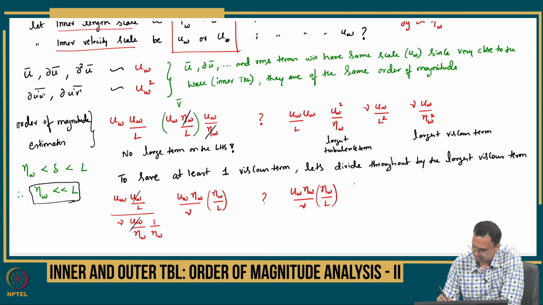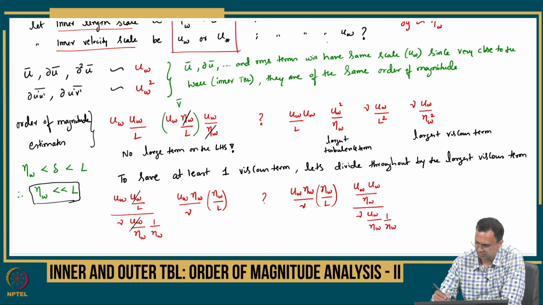I have the other turbulent term, the second largest, sorry, the largest turbulence term, which is UW by eta w over nu, UW by eta w, 1 by eta w.